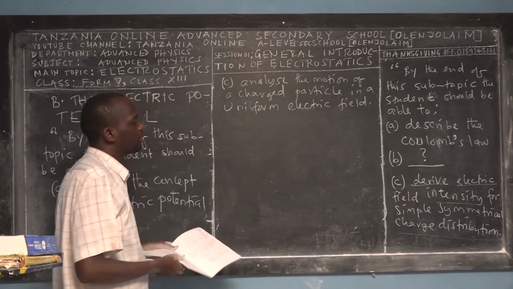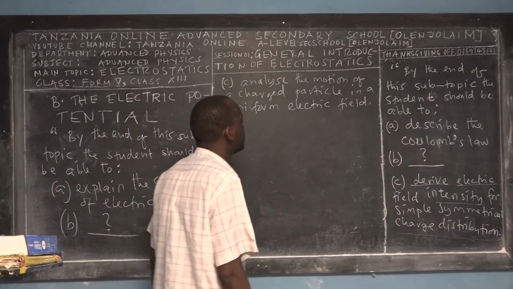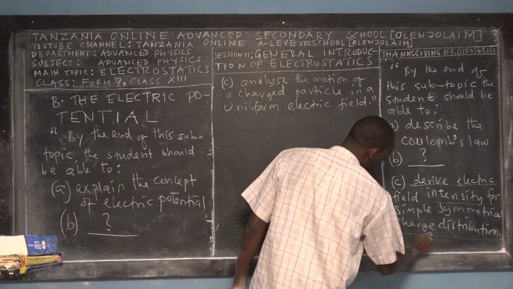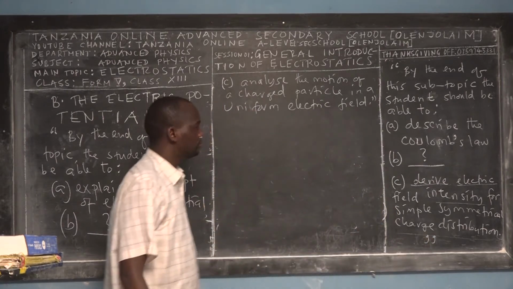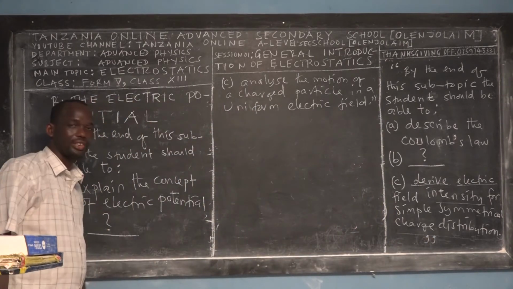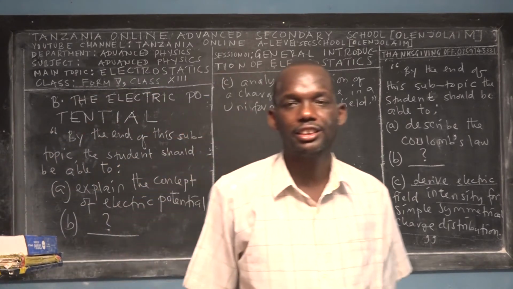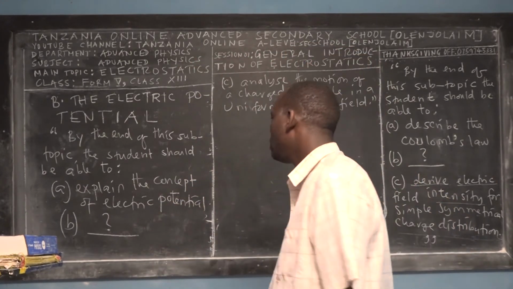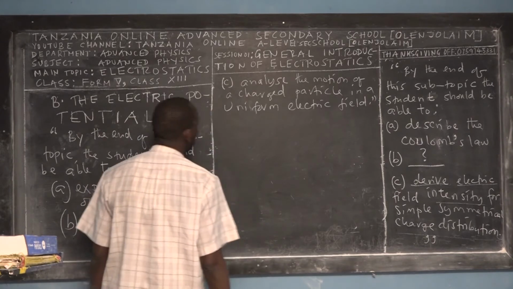Those are the three specific objectives that the students have to achieve at the end of electric potential. Let me end the quote. Those are the three specific objectives that a good student who loves electrostatics and advanced physics has to meet at the end of this subtopic of electric potential.